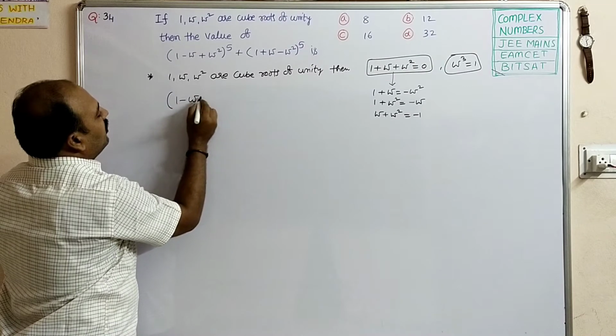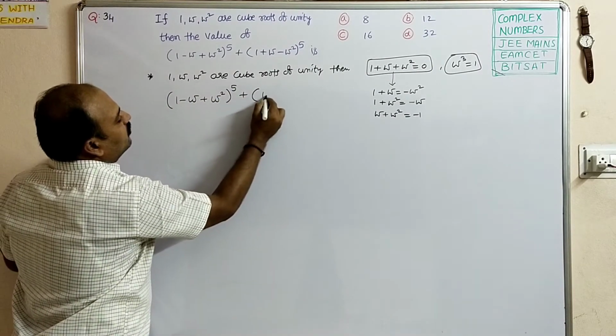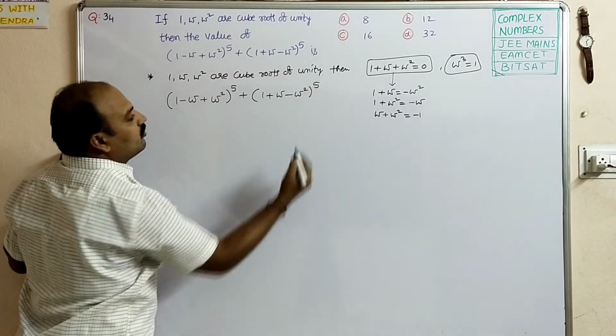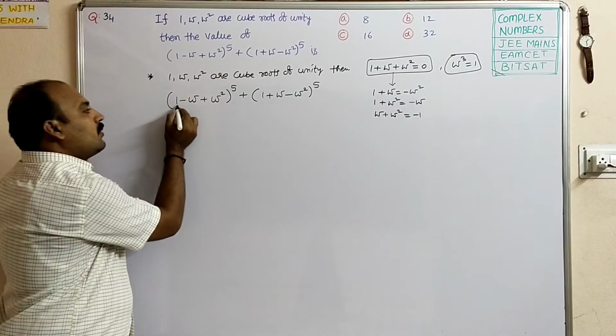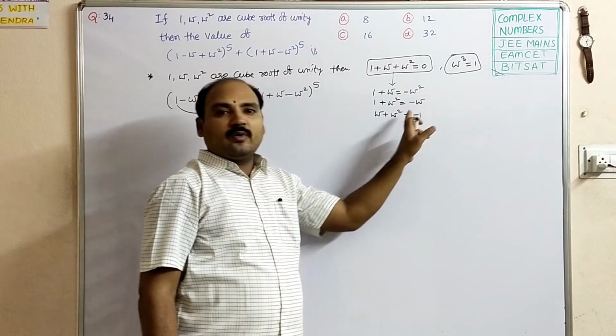1 minus omega plus omega square whole power 5 plus 1 plus omega minus omega square whole power 5. So 1 plus omega square, from here we can write as minus omega only.